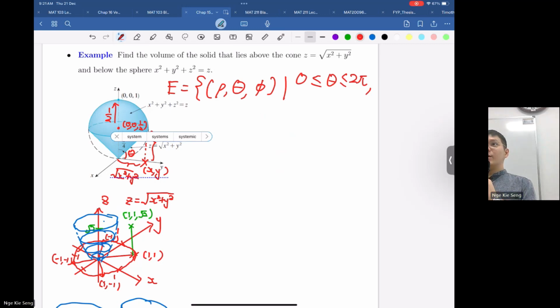So this is an equilateral triangle, a right angle equilateral triangle, so it must be 90 divided by 2 for the other two angles.